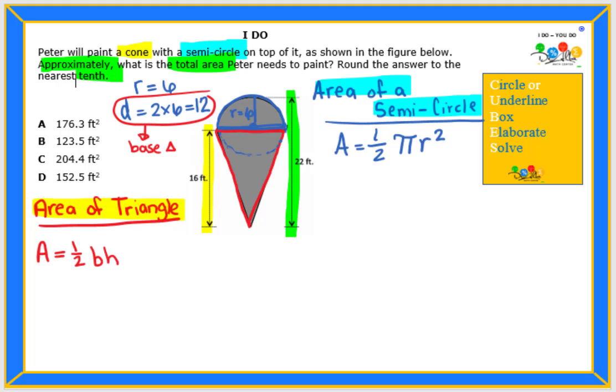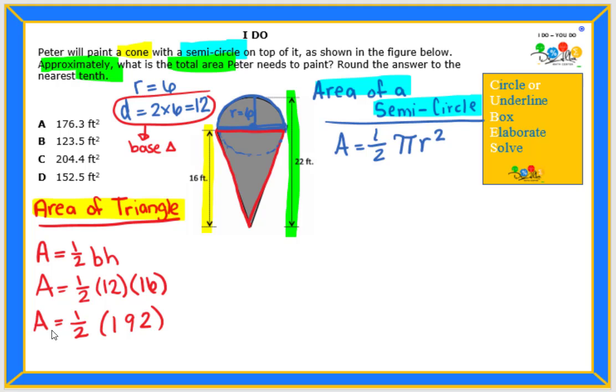So let's start with our triangle. Area equals half of the base. We just figured out the base is 12. And that means that the height is the number they had already given us. From the bottom to the top of the triangle, it's 16. So half of 12 times 16. We're going to multiply 12 times 16, which is 192.